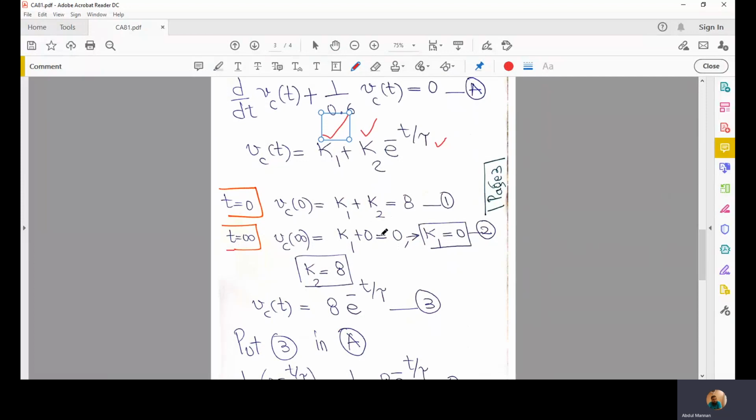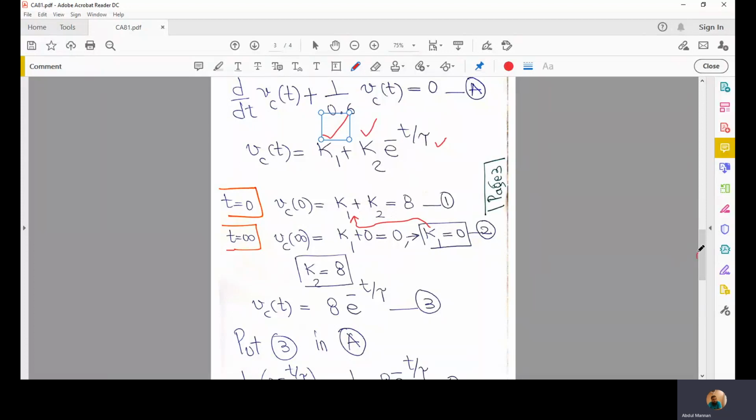So k1 plus k2 e to the minus infinity, which means 0, so k1 is 0. And then putting k1 equal to 0 in equation number 1 gives us k2 equal to 8. So now we have computed k1 and k2, and the only unknown left is tau.